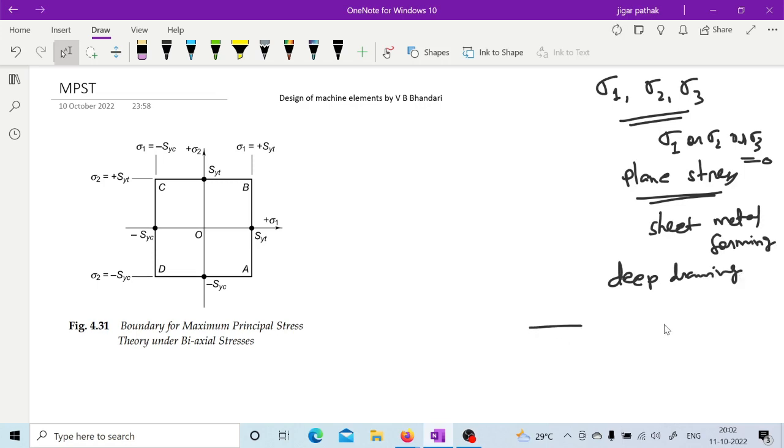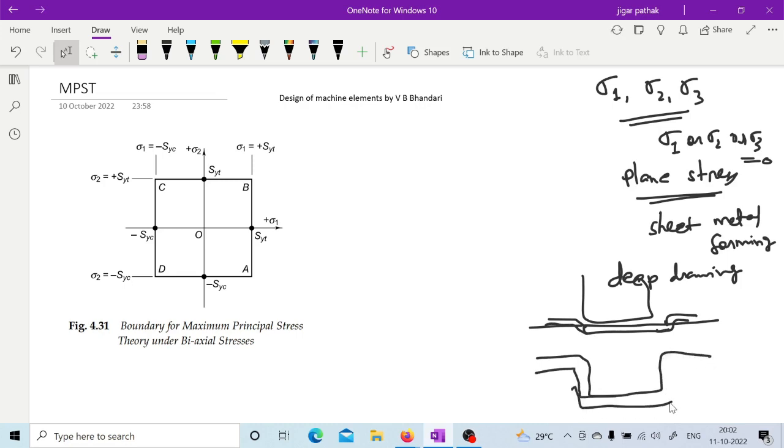Whenever you have a punch and a sheet which is going to be deformed, then in this region the thickness of the sheet will remain almost the same. It is not going to change because this is a plane stress region where stress is not acting along the third direction. Are you getting what I am saying?